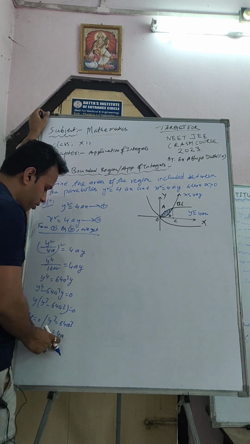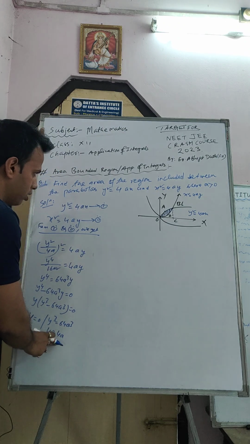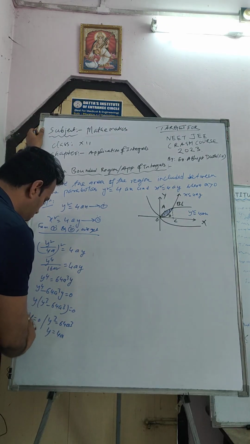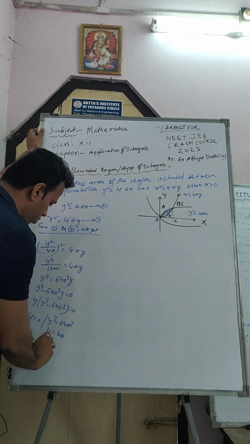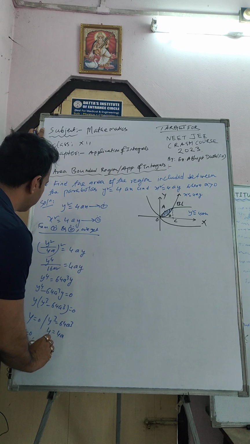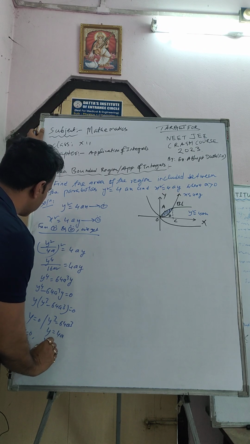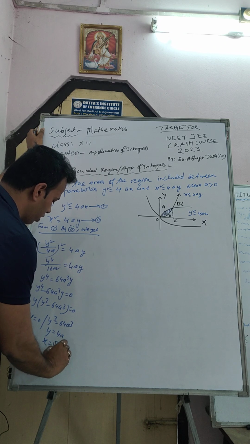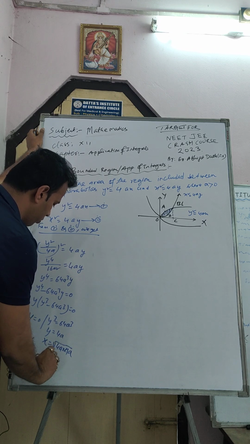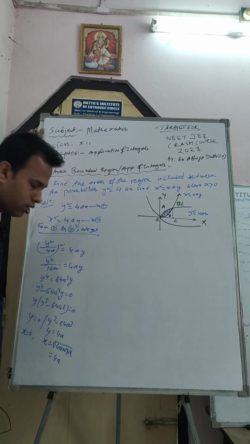Okay, so coordinate of the point, if y equal to 0, then x equal to what? 0. And here if y equal to 4a, then x equal to what? It will be root over of 4a into 4a. That means it will be also 4a.